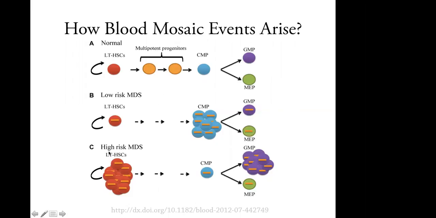But now, in case of high-risk myelodysplastic syndrome, there is an abnormal number of long-term hematopoietic stem cells which have this mutation predisposing to myelodysplastic syndrome. They're actually replicating much faster than the normal wild-type long-term hematopoietic stem cells.